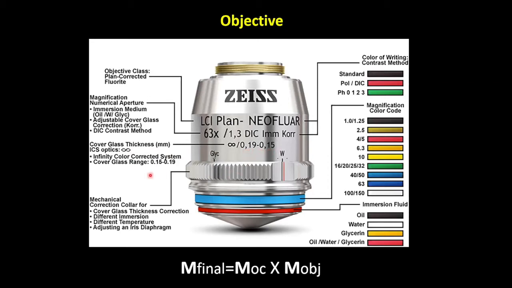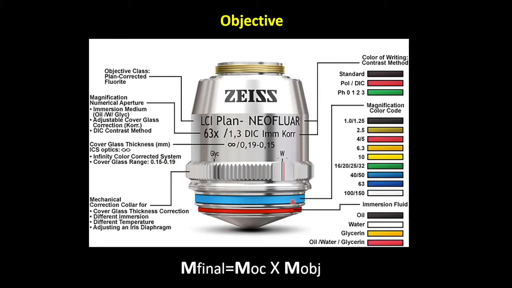There's one widely used, called the number 1.5 cover slip, which is actually 0.17 millimeter thickness. It doesn't matter what brand of microscope you use, all the objectives are calibrated for the 0.17 millimeter number 1.5 cover slip. That has become a standard. In this picture, there's a correction collar corrected for water, W here, or glycerin, for different immersion.